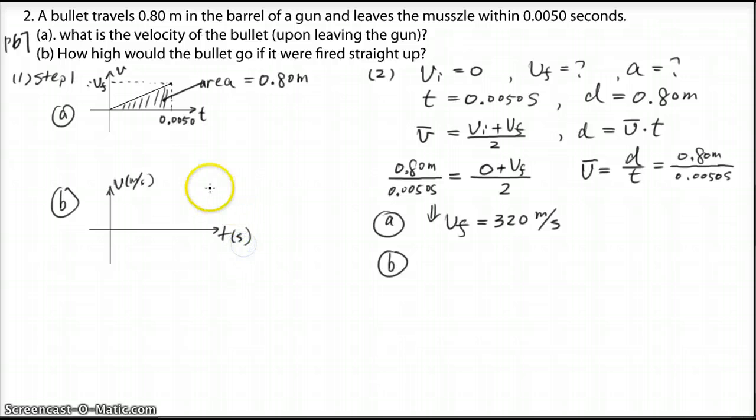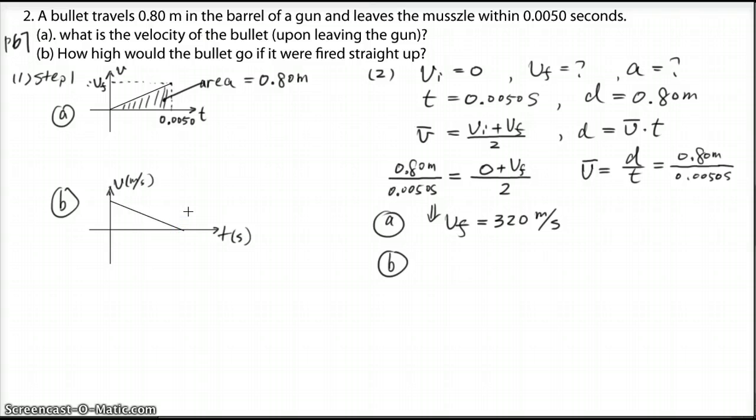B is the situation when the bullet is fired straight up, and it continues to go up but slows down, and eventually the velocity becomes 0 at the highest point. So we have the initial velocity, actually 320 right here, and finally the velocity becomes 0 at its highest point.